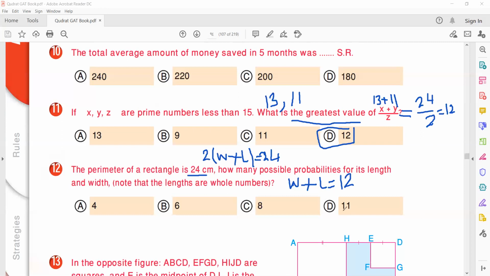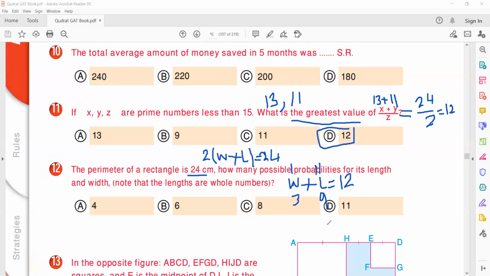So possible answers for its length and width are like this. Maybe length is 11 and width is 1. The sum is 12. Maybe length is 9 and width is 3.